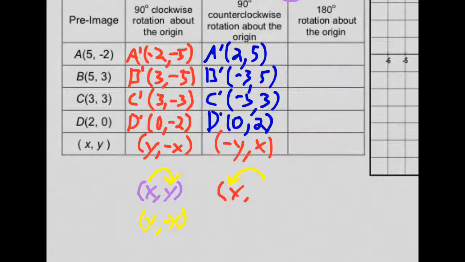And the way that you can remember that is that you have your y over here, and it changes spots along that counterclockwise arrow, and so it's the one that has a negative now. And then the x just gets pushed over to the side.